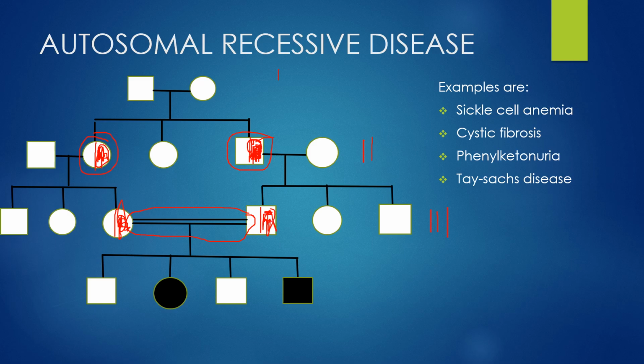It doesn't really matter. But what matters here is that since they are both in the same family, they both have the same recessive trait, and that is why their children end up having the disease. You have two of their children here having the autosomal recessive disease. Now, some examples of autosomal recessive diseases that we have are sickle cell anemia, cystic fibrosis, phenylketonuria, and Tay-Sachs disease.